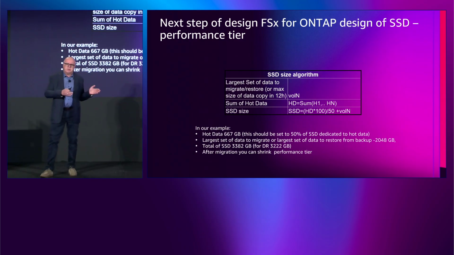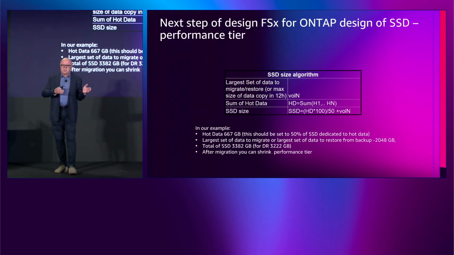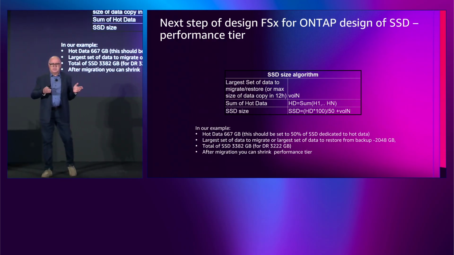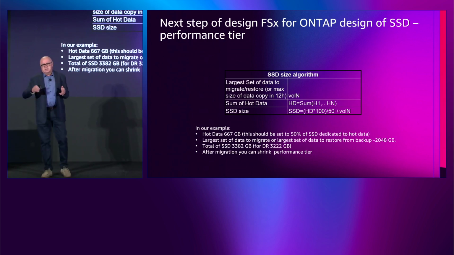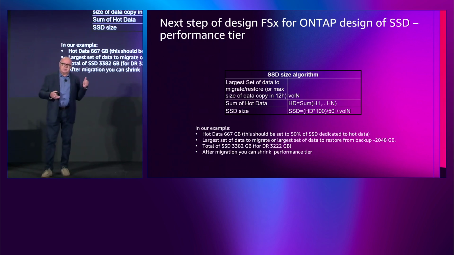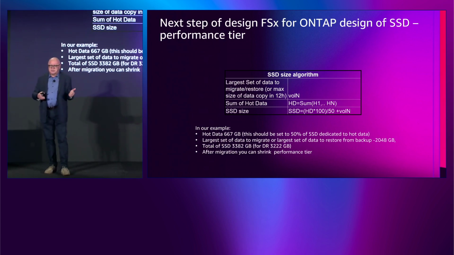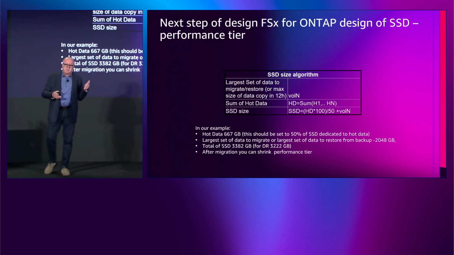Because the algorithm of the auto-tiering will trigger the movement of the data from the SSD to the capacity tier based on our auto-tiering policy, and also the SSD has to exceed 51%.